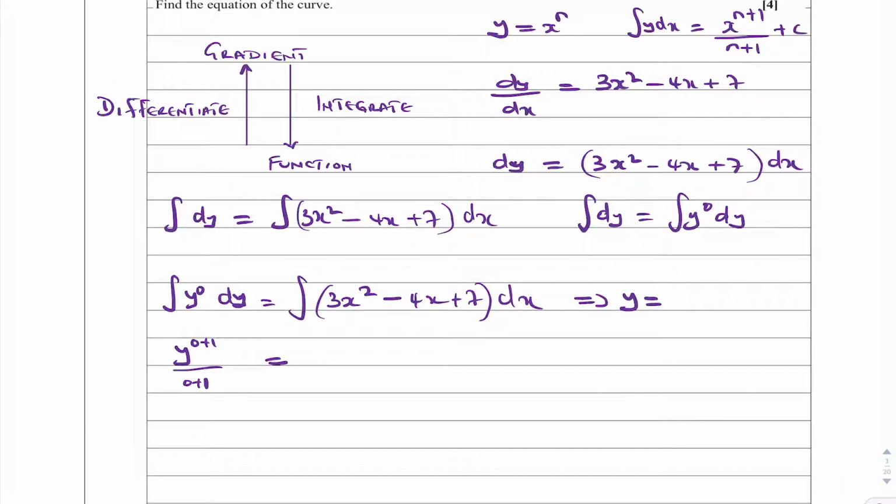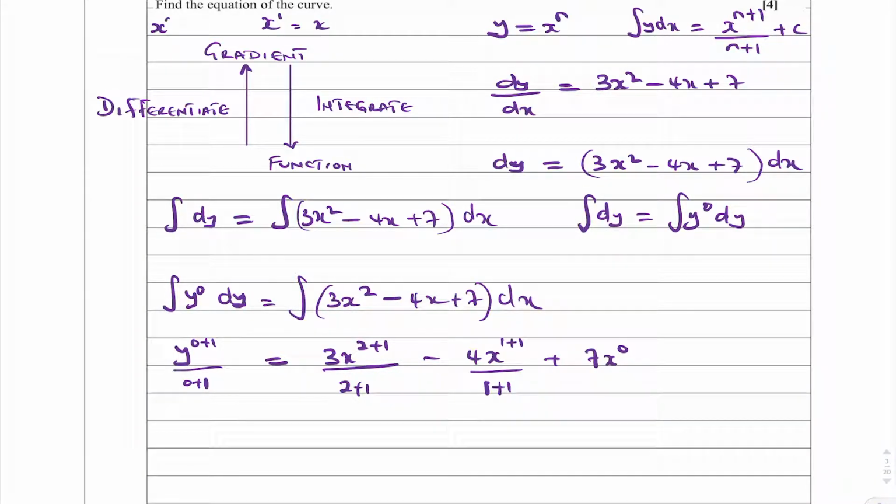And that equals, taking the integral off, 3x to the 2 plus 1 over 2 plus 1, minus 4x to the 1 plus 1 over 1 plus 1, because x to the power 1 equals x, plus 7x to the power 0 as x to the power 0 equals 1, plus 1 over 0 plus 1, plus c.